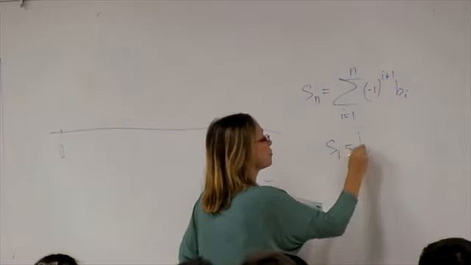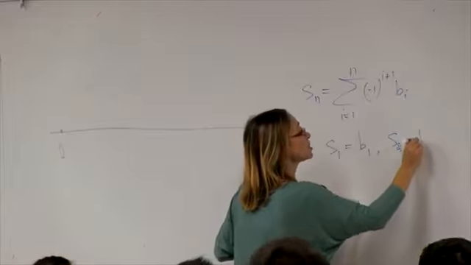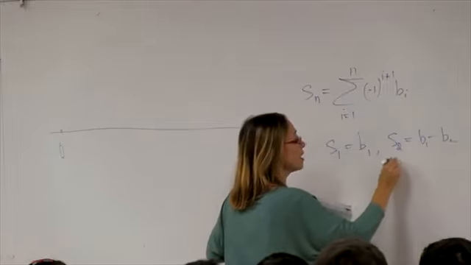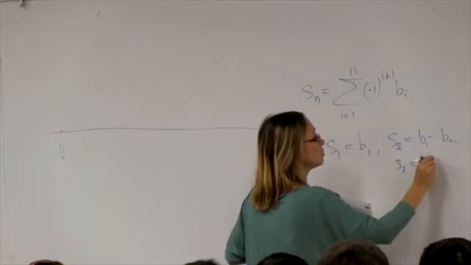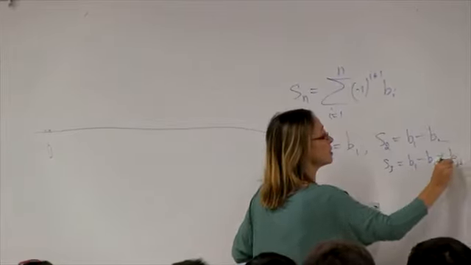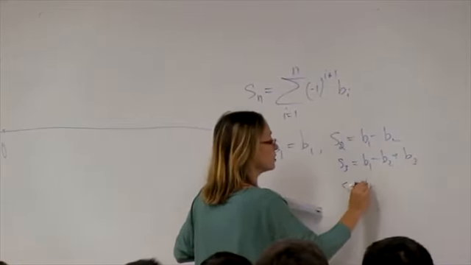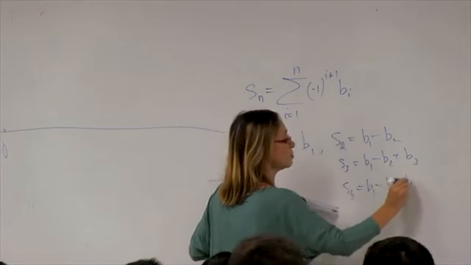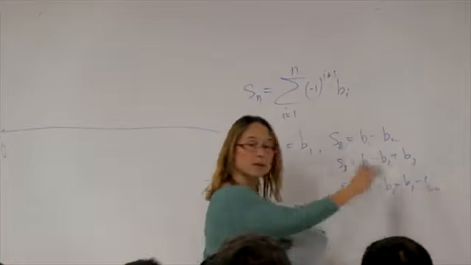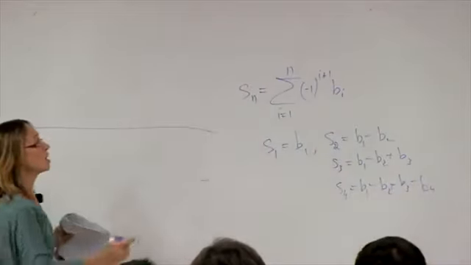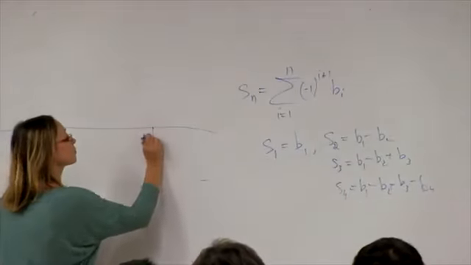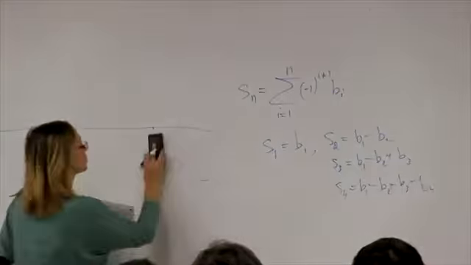S1 is just B1. S2 is B1 minus B2. S3 is B1 minus B2 plus B3. S4 is B1 minus B2 plus B3 minus B4. So S1 is B1. Let's mark S1.